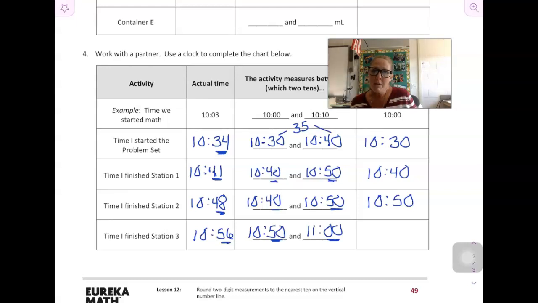So halfway between 50 and when we're at the hour, that's really 60 minutes, isn't it? Oops. 60 minutes. Halfway, I'm thinking in my brain, between 50 and 60 is 55. So 10:56 is closer to 11 o'clock.